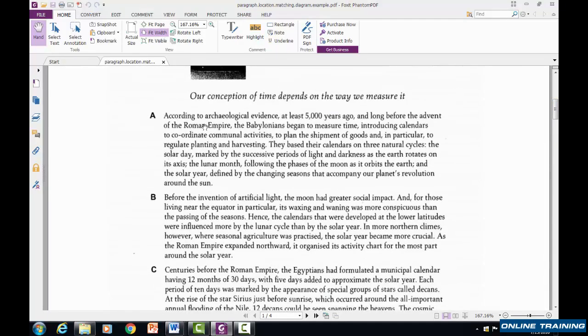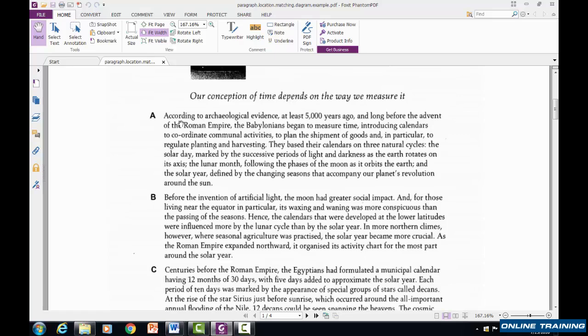All right, I'm starting right here in paragraph A. According to the archaeological evidence, at least 5,000 years ago, and long before the advent of the Roman Empire, the Babylonians began to measure time, introducing calendars to coordinate communal activities, to plan the shipment of goods, and in particular to regulate planting and harvesting.